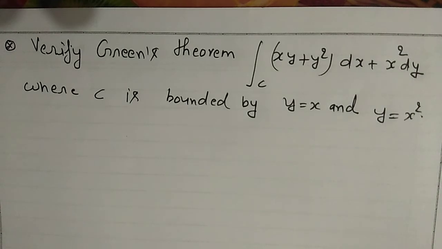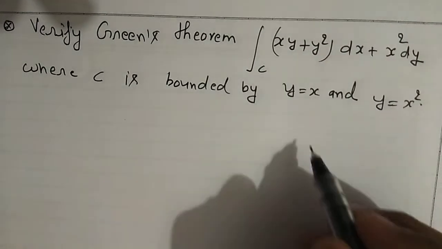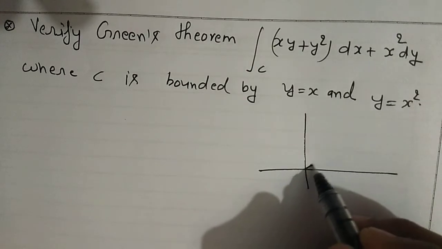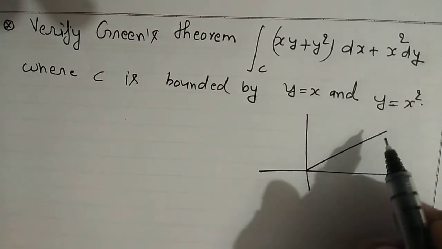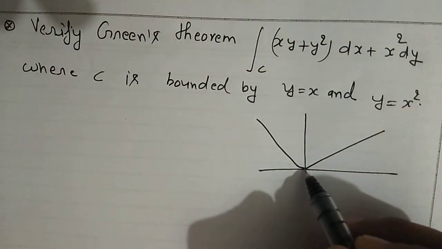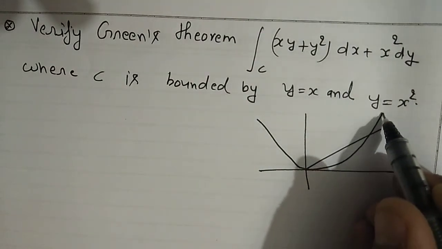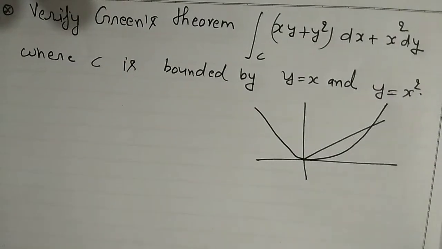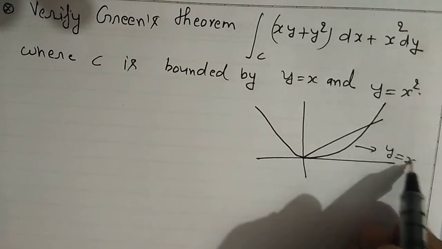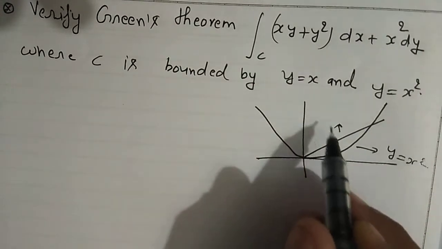So let us first see what the given curve is. The given region is bounded by the line y equal to x and the parabola x square equal to y. So it will be something like this. This curve is y equal to x square, and this curve is y equal to x.